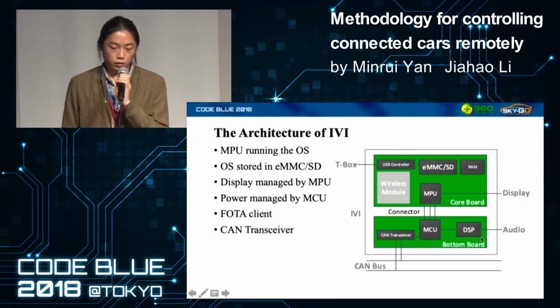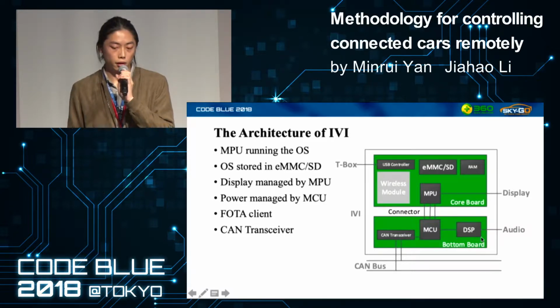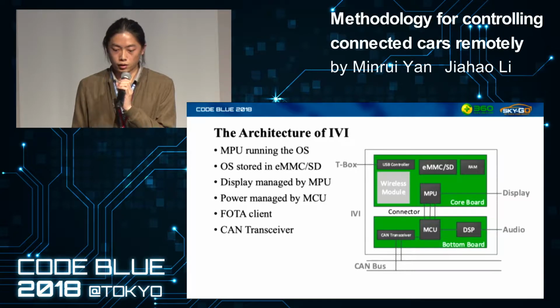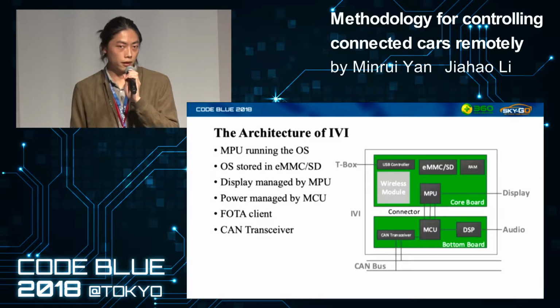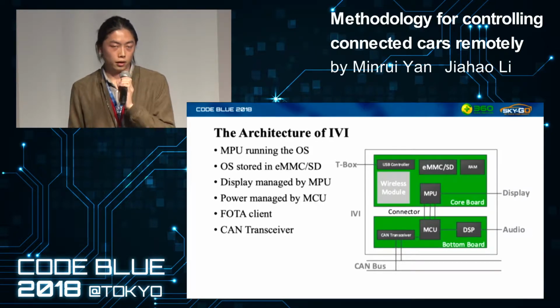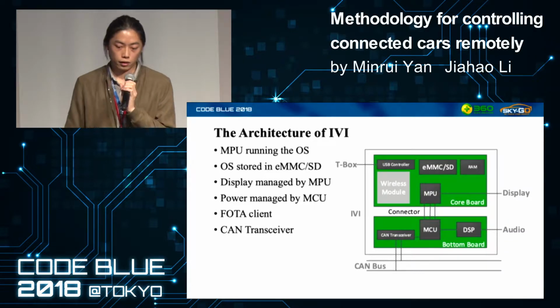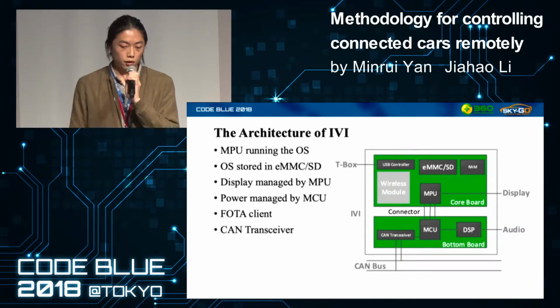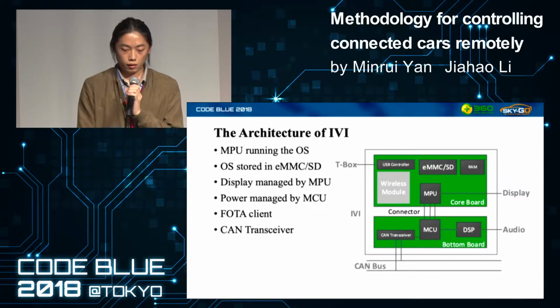The MPU connects to the MCU, usually with a PCB connector. It is composed of some interfaces, such as UART, SDIO, I2C, and so on. The MCU sends CAN messages also through a CAN transceiver. This is a transceiver.